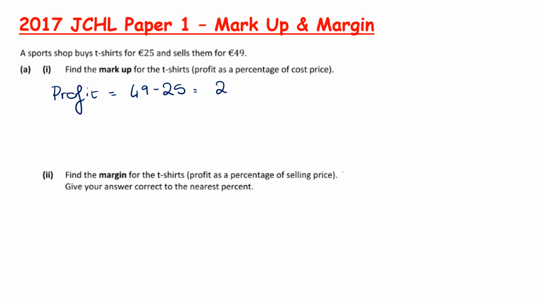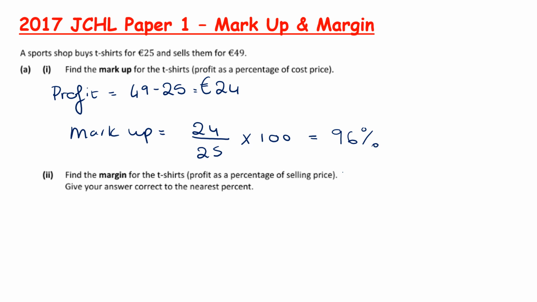So that is €24. So it's a €24 profit. To get the markup, we're going to write that profit over the cost price, which is 25, and then you multiply that by 100, and we end up with 96%.